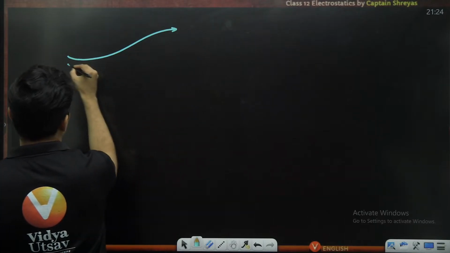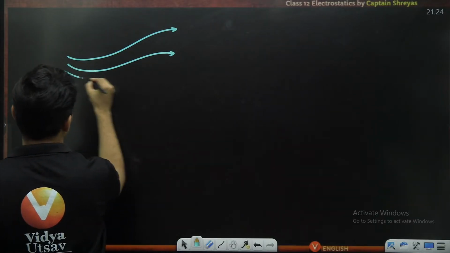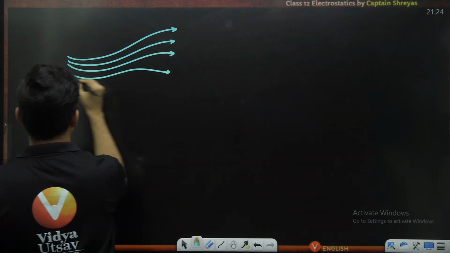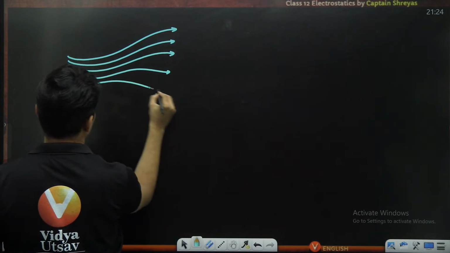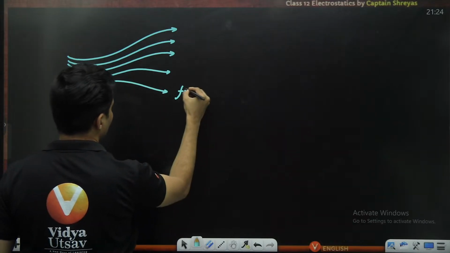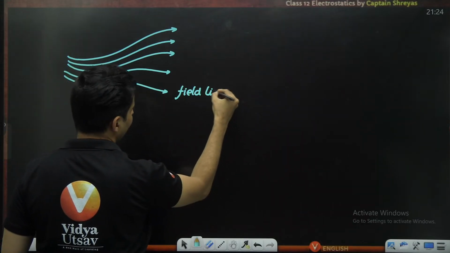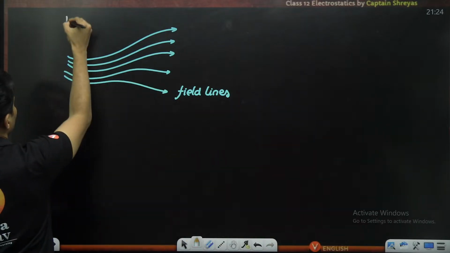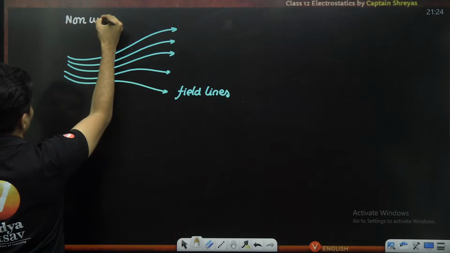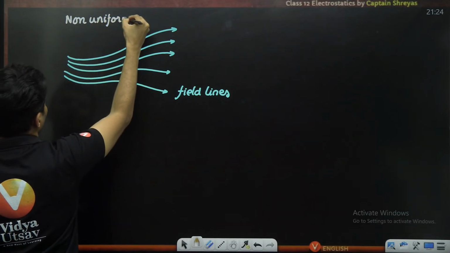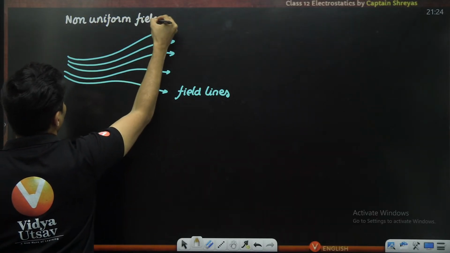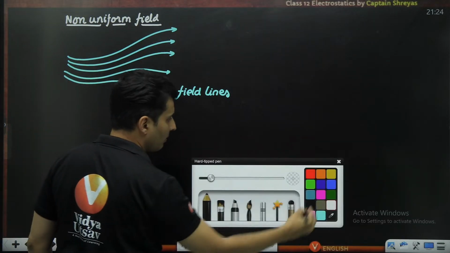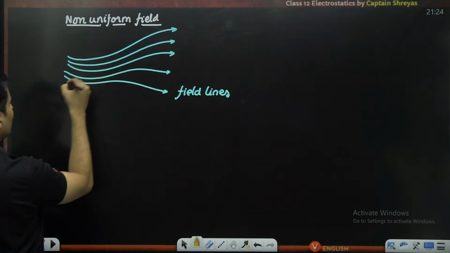Whenever you have electric field lines like this, okay, these are your field lines. This type of field, by the way, is also called a non-uniform field, because you will see that at this particular place, the field is going to be strong.